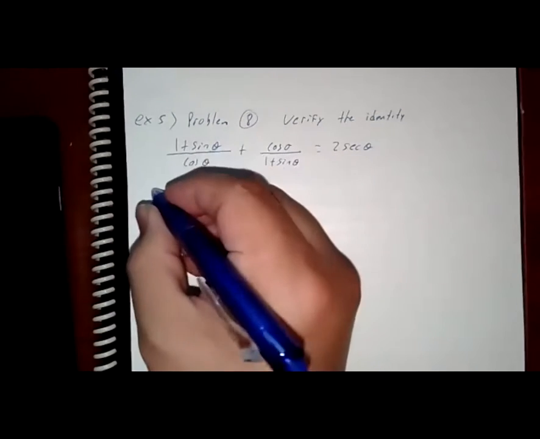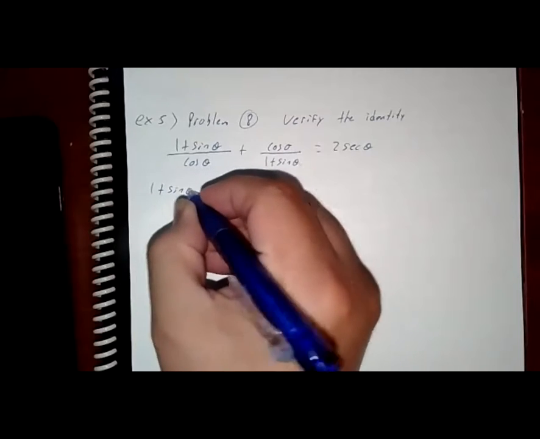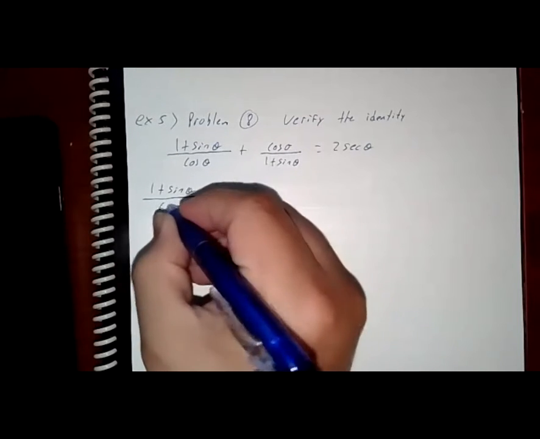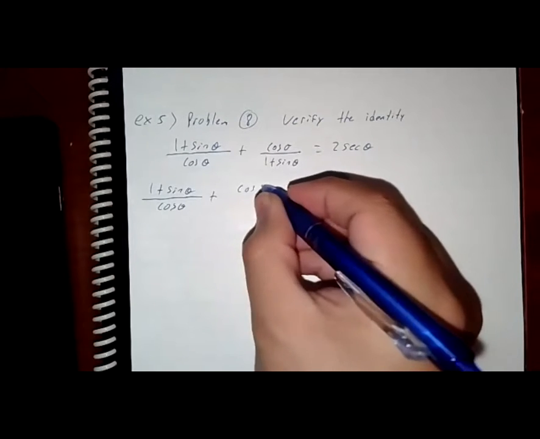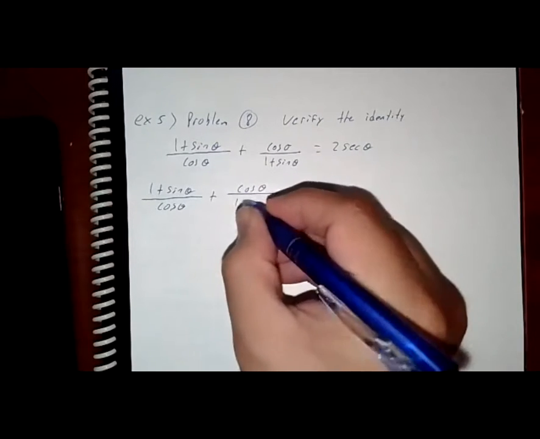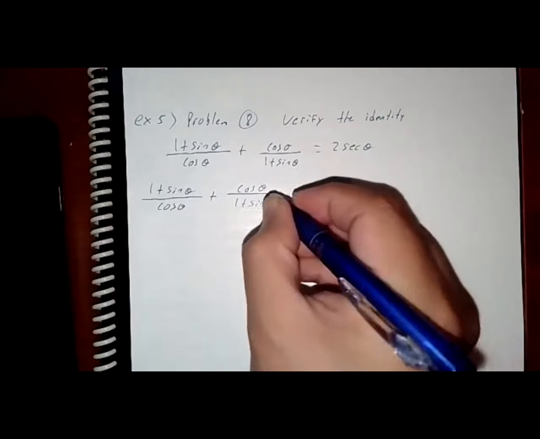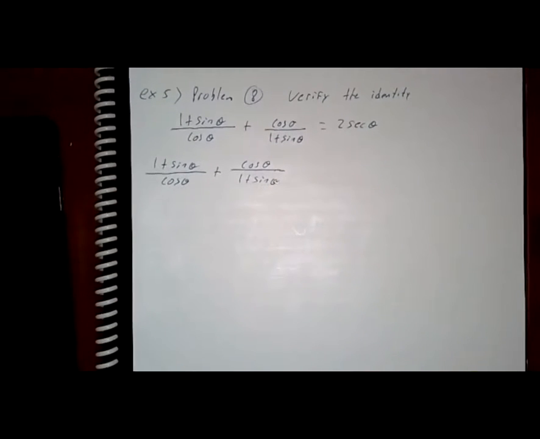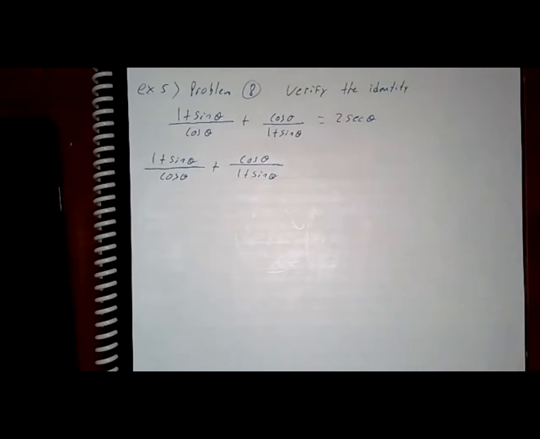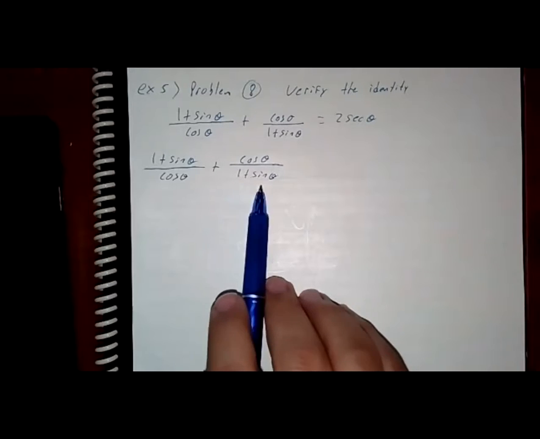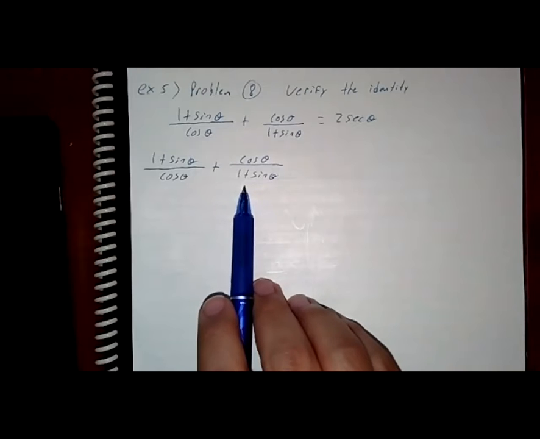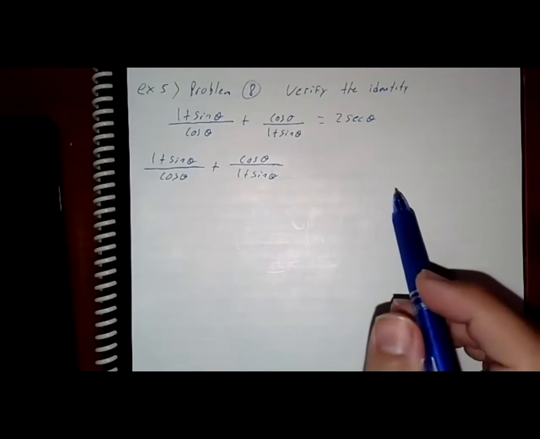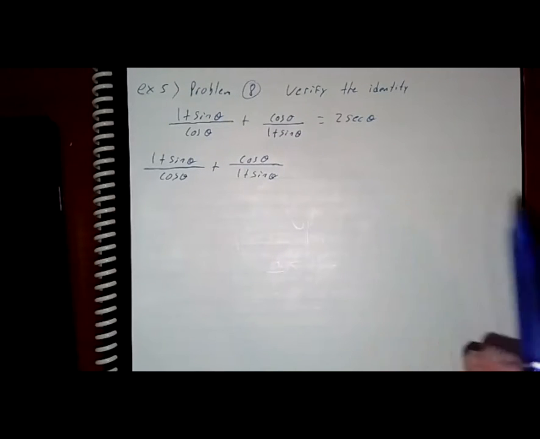Okay, so I'm going to choose the left-hand side. Looking at these denominators, what do you guys think the LCD is? The idea basically is if they're prime, you just multiply them together.